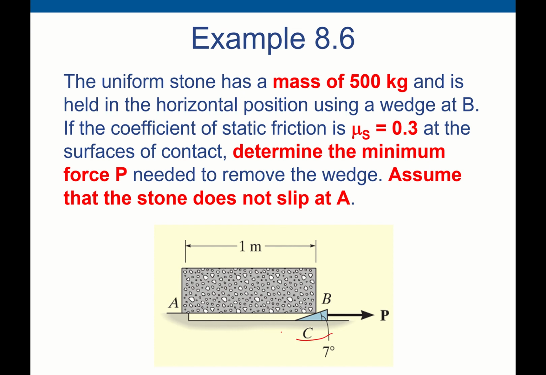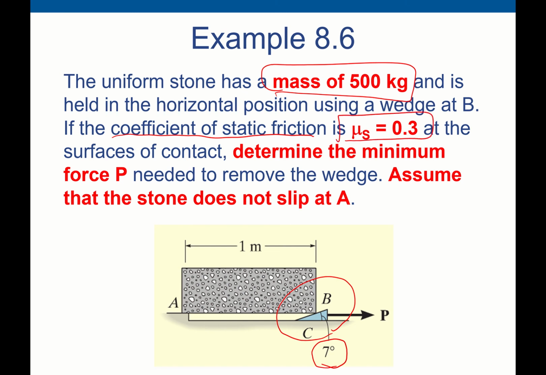Here we have a wedge with angle information, and we know the weight of this stone. The coefficient of static friction, mu s, is 0.3.